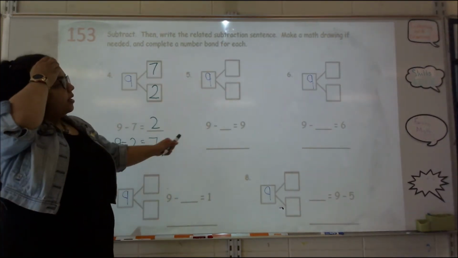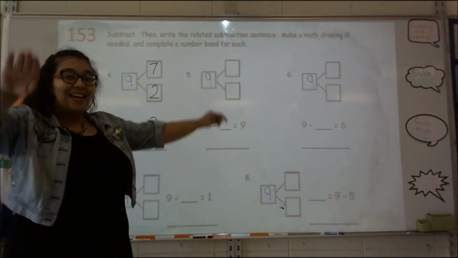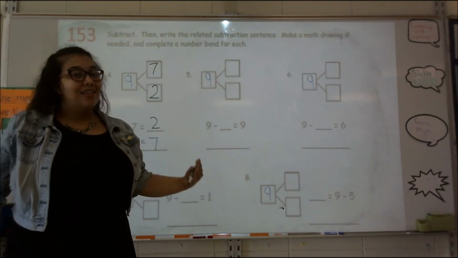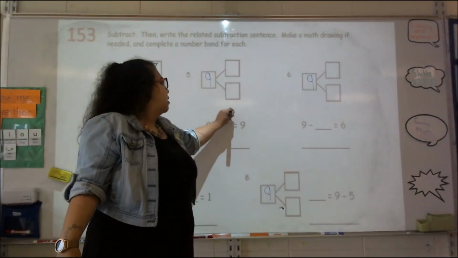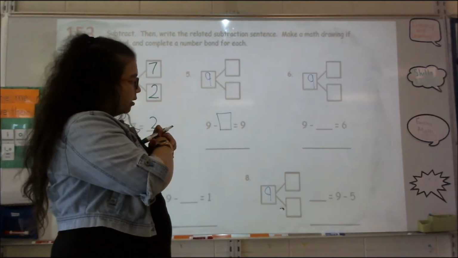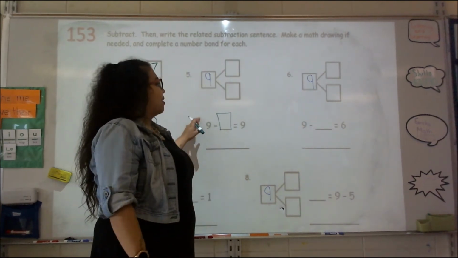Good job. Let's read our next problem. 9 minus, I don't know, equals 9. What is the missing part here? Well, let's look to our number bond, filling in the pieces we know. We've established our whole.